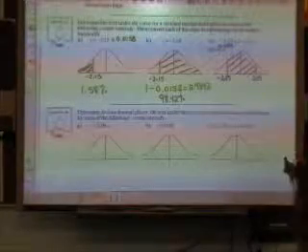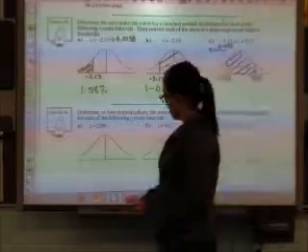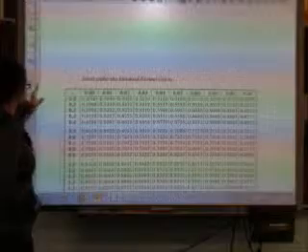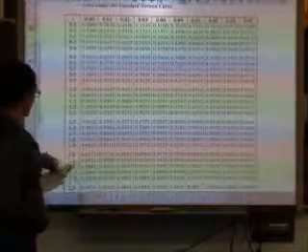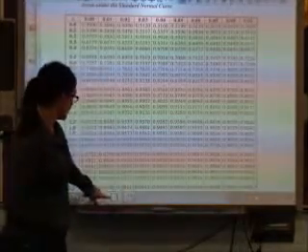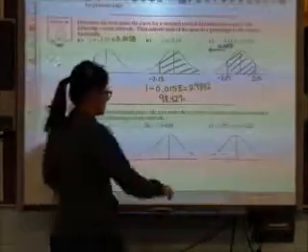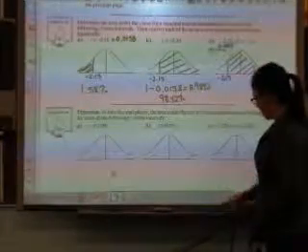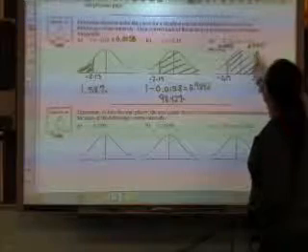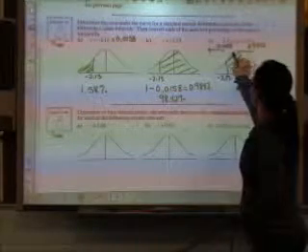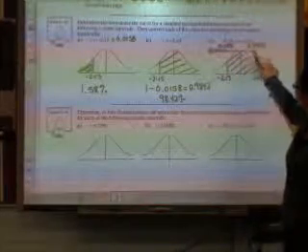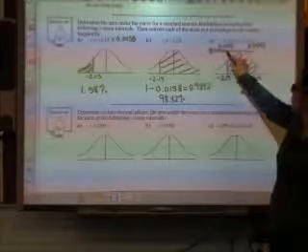If I look up the 2.15, I grab my z-score chart and I look up 2.15, 0.9842. So this is 0.9842, and that's everything from this point to the end. If I subtract these two areas, I will get the part in the middle.